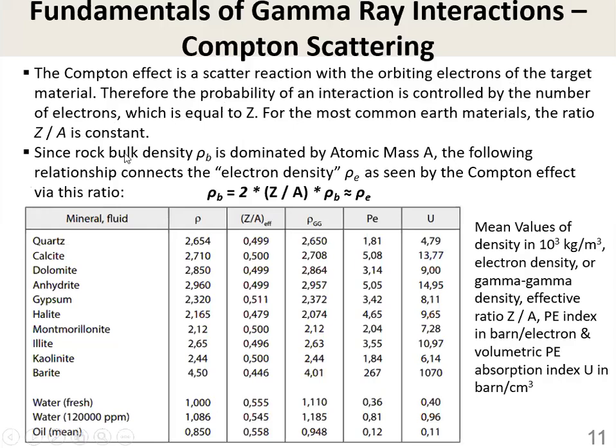Hence, since the rock bulk density is dominated by atomic mass, the following relationships connect electron density to the Compton effect. So Compton scattering is the principle on which the bulk density tool works.